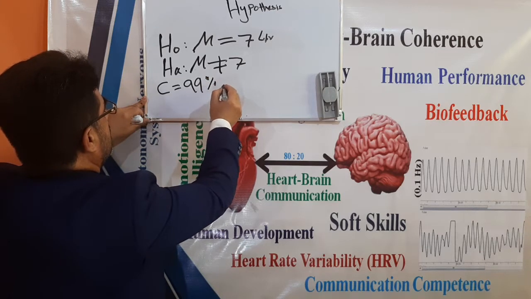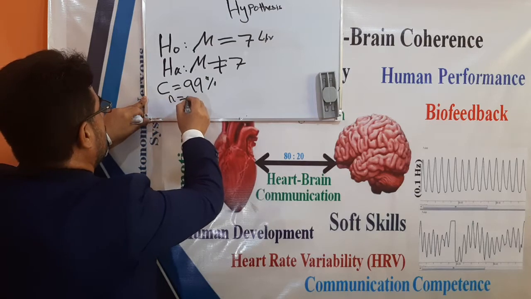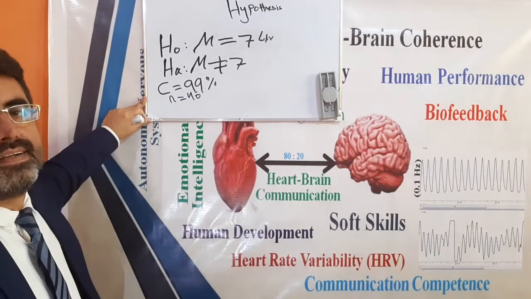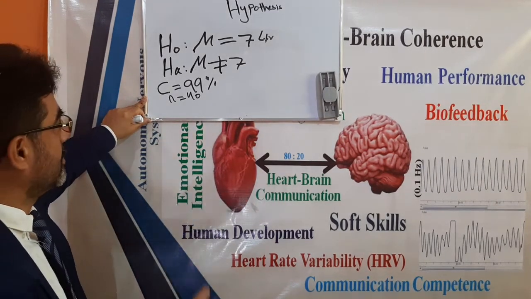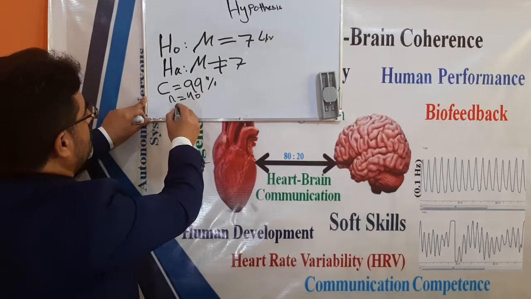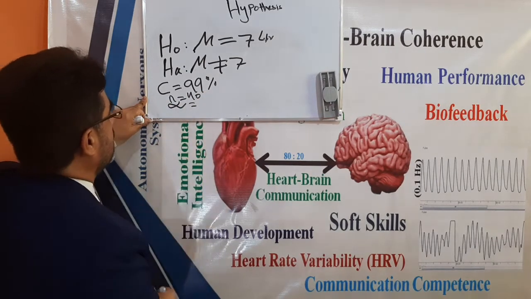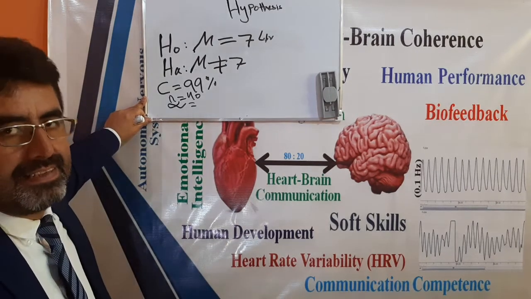99%. And also he gave the number 40 participants, based on the results of 40 participants, or assessment of 40 participants, it claims. To continue this, we have to find the alpha, because alpha is an important symbol that indicates the level of significance.